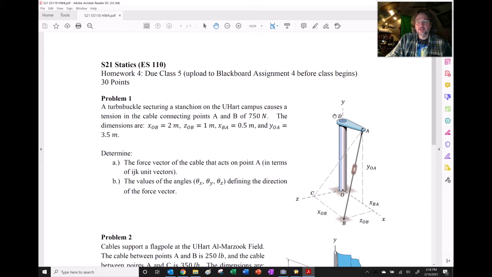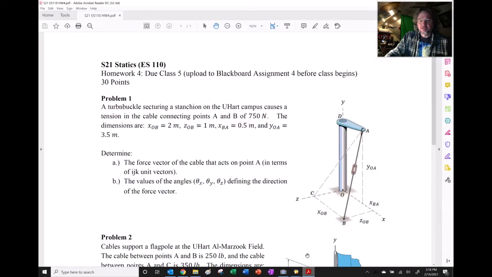So it's the dimension up between the base here and A, which would have been the same thing as the dimension in the y direction between O and D. And we want to find the force vector on the cable that acts on point A. And we also want to find the angles right there.